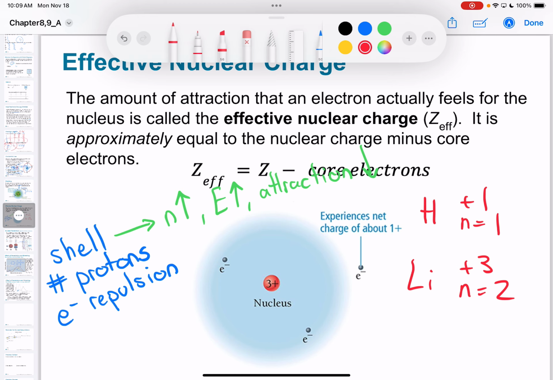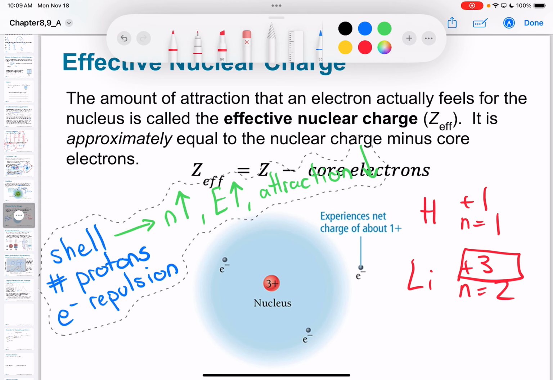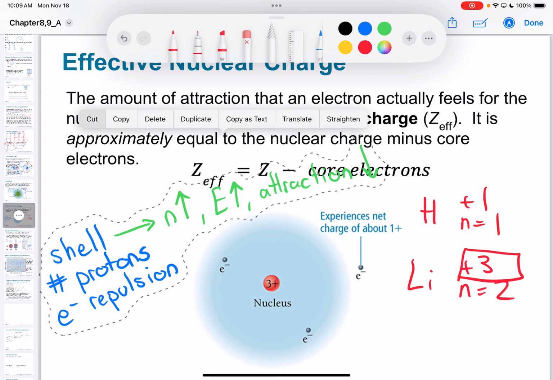And we can quantify that. It's not perfect, but it works pretty good by taking the Z, the number of protons, and subtracting off the core electrons.